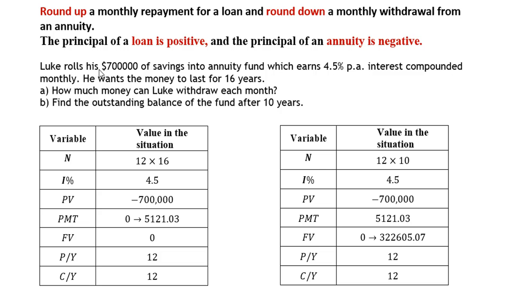Luke rolls his $700,000 of savings into an annuity fund, which earns 4.5% interest compounded monthly. He wants the money to last for 16 years. For A, how much money can Luke withdraw each month? So you will put it into the graphing calculator like this.